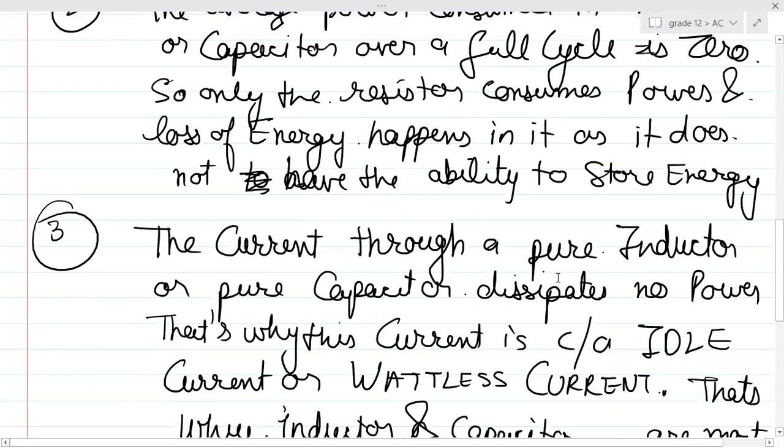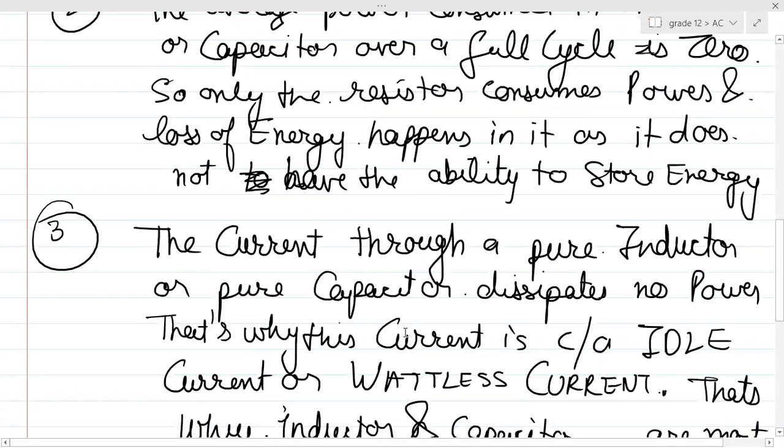So in this case, the inductor and capacitor do not dissipate any power. So that's why the current which passes through the inductor and capacitor is not producing any power, and we named it wattless current.